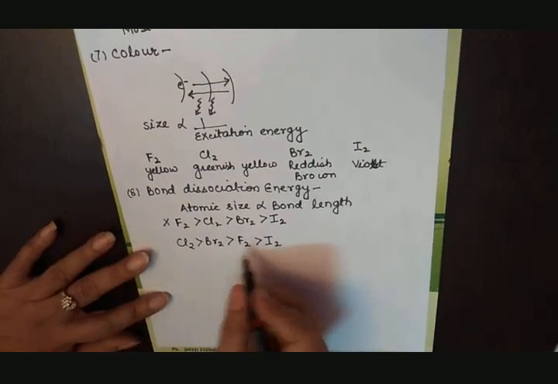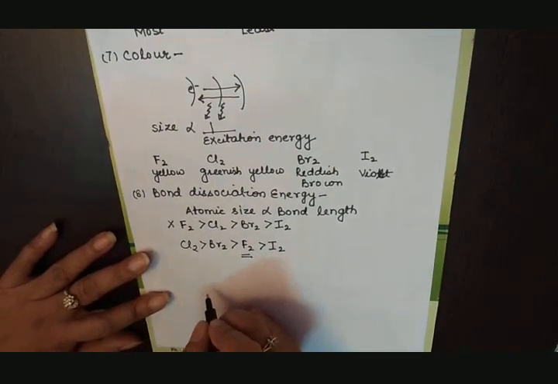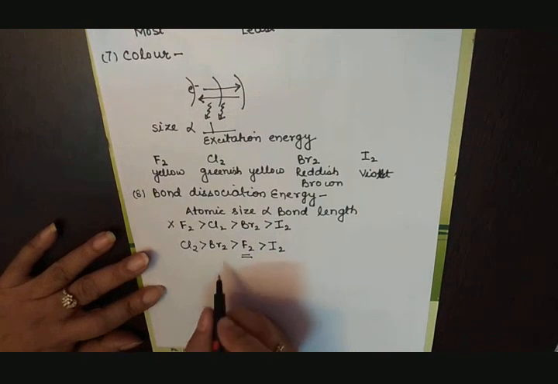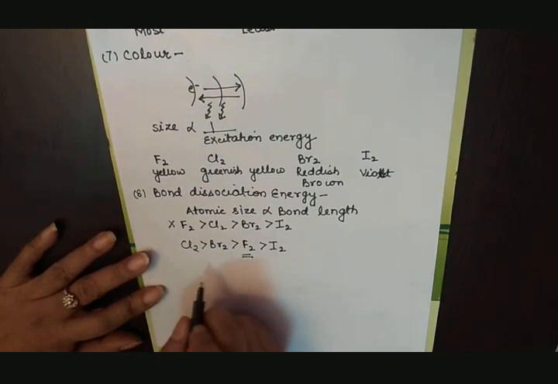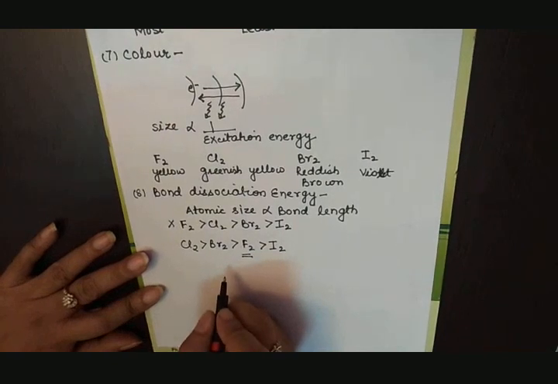The bond energy of fluorine is low. Why is it low? It is due to the greater repulsions among the non-bonding electrons present in the 2p orbitals of the F atoms and the bond pair of the F-F bond.